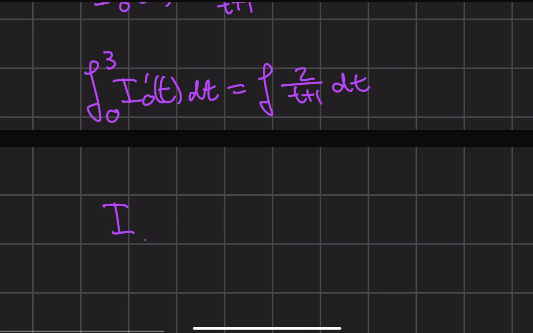This is going to give us our target integral: I naught of 3, minus that 0 that we saw, is equal to 2 times ln 4.